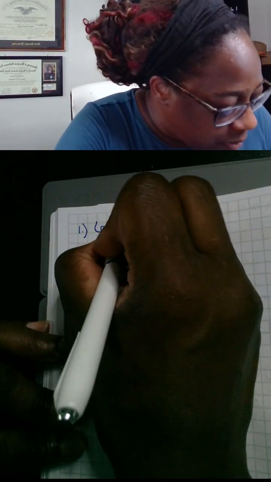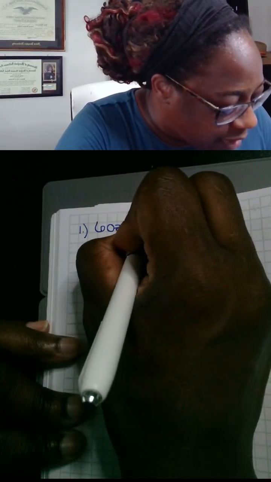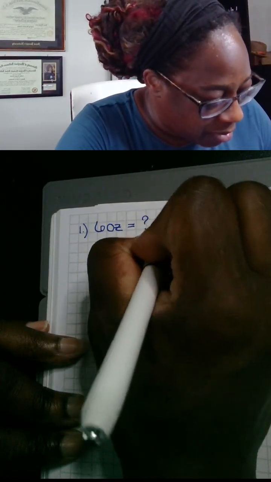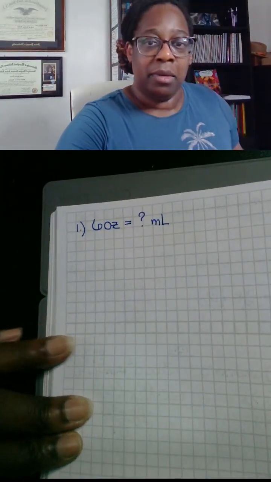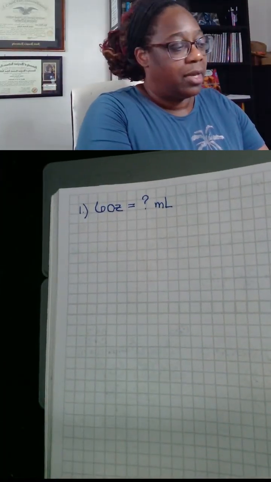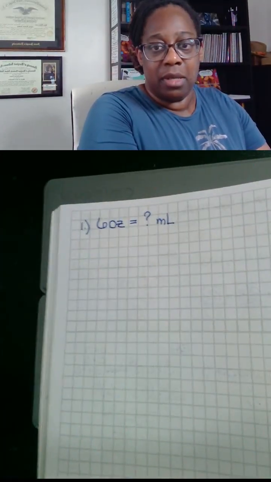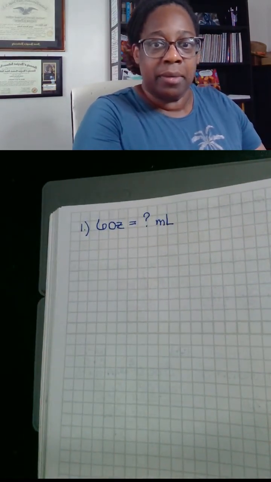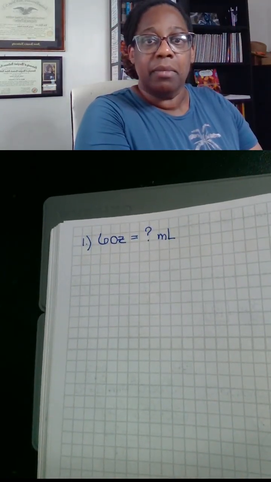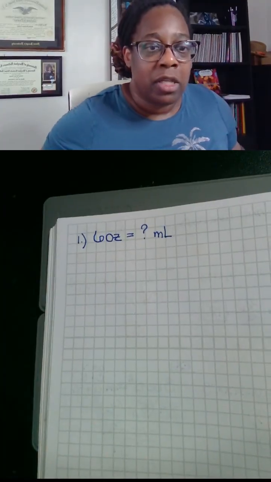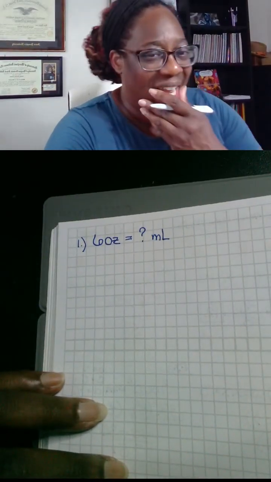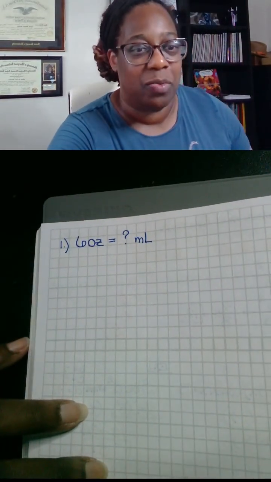We want to know 6 ounces is going to equal how many milliliters? You're probably saying, I don't remember what 1 ounce was.